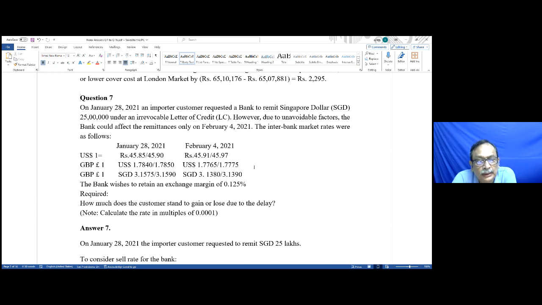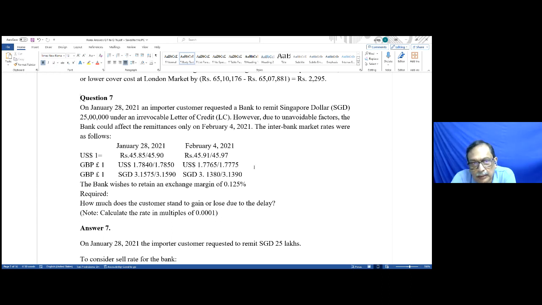Okay, and February 4, 2021. Taking into consideration the problem, we have an importer customer who requested a bank to remit Singapore dollar 25 lakhs under an irrevocable letter of credit, that is LC. But there is a delay.